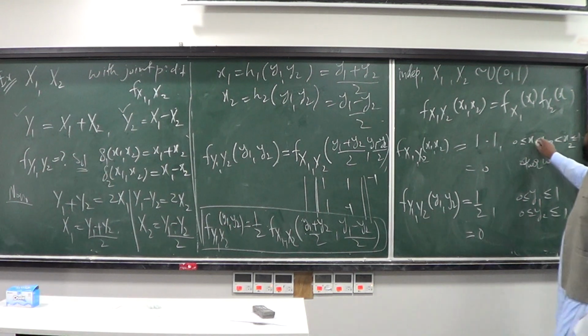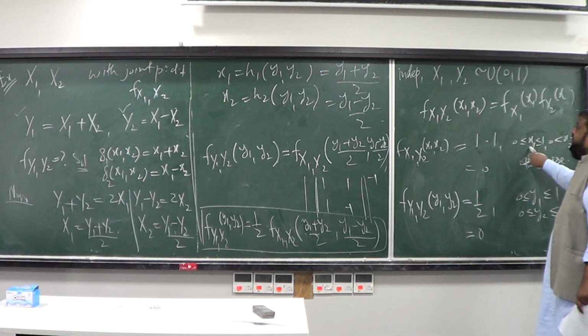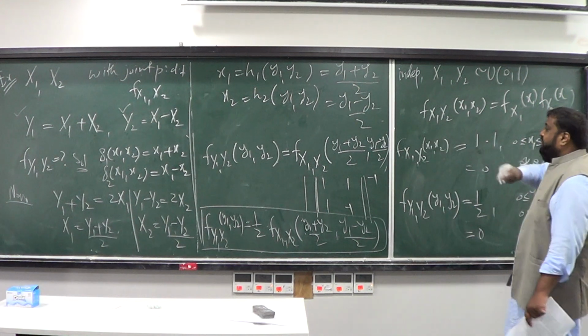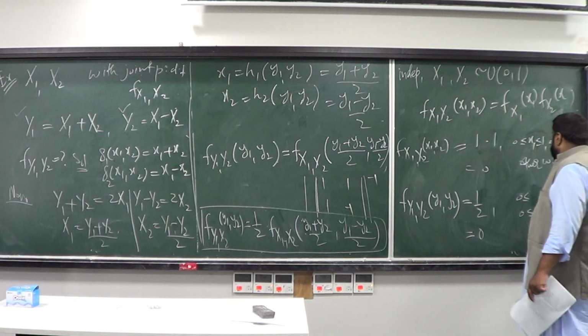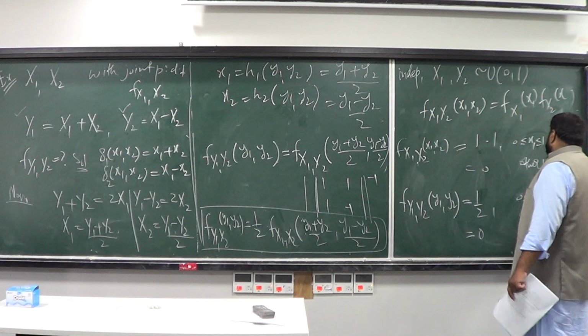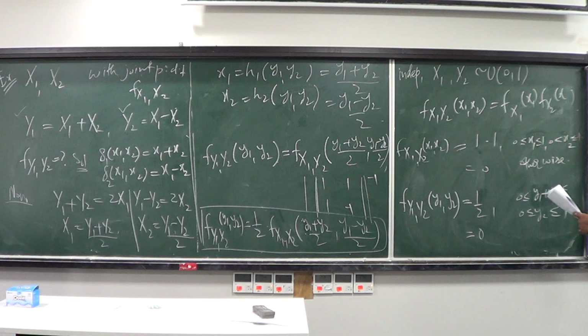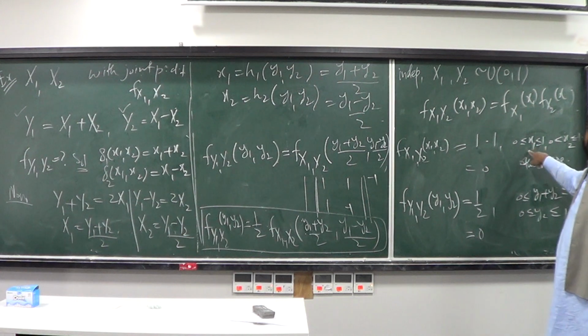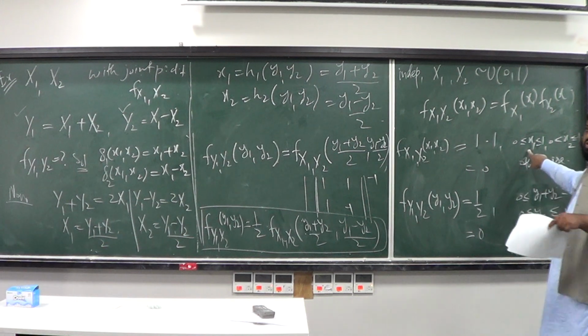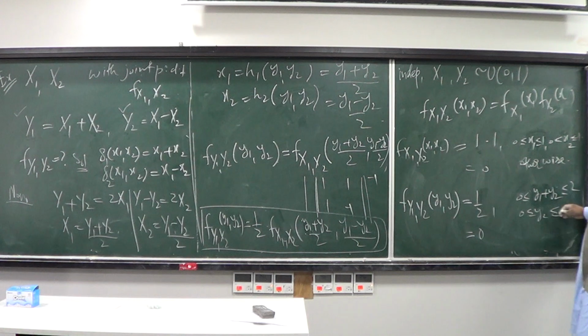So the constraint on x1, which is equal to y1 plus y2 upon 2, must be y1 plus y2 less than or equal to 2 if I multiply by 2. In other words, in this constraint, if I substitute the value of x1, which is y1 plus y2 upon 2, I'm going to get this.